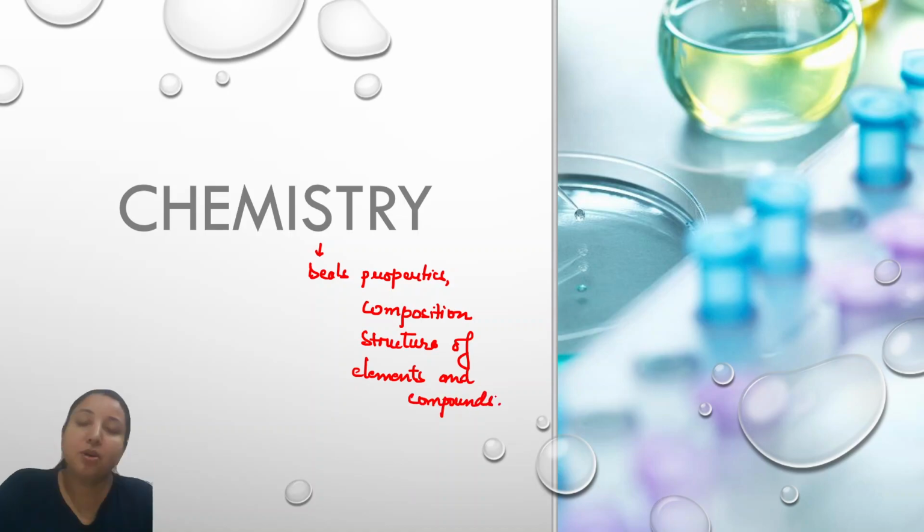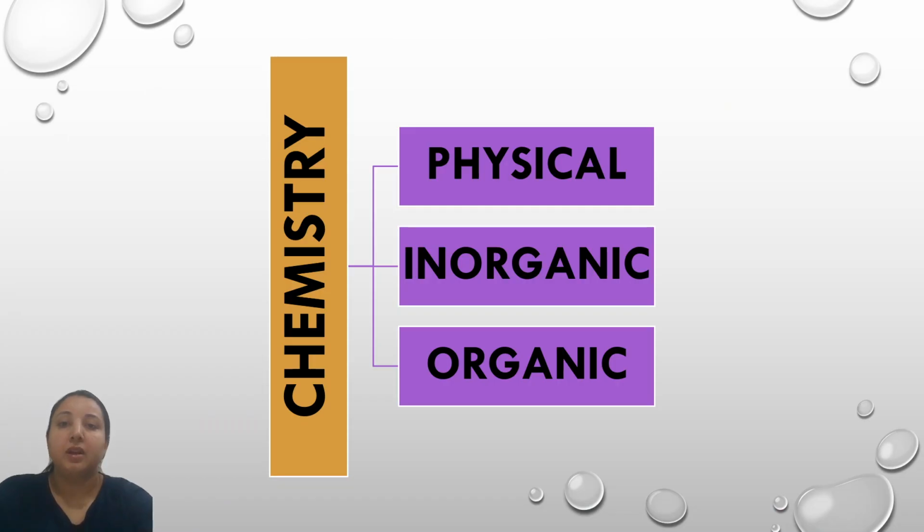Besides this, it also deals with how they can change and how energy is released or absorbed during any chemical reaction. Now, moving ahead, chemistry is a very vast subject.